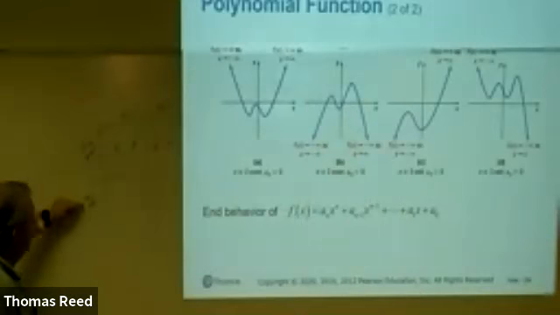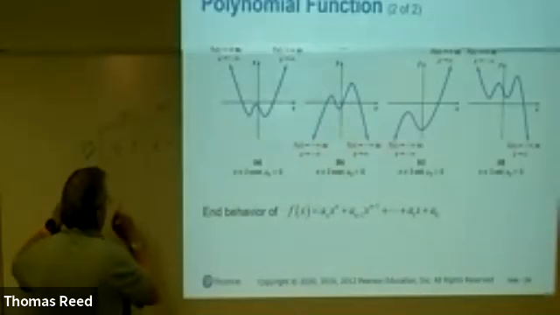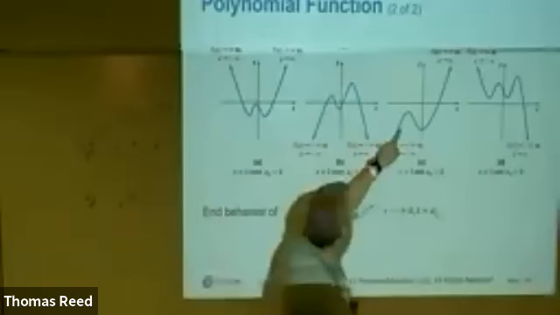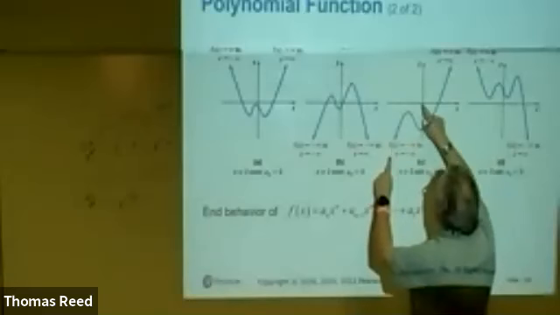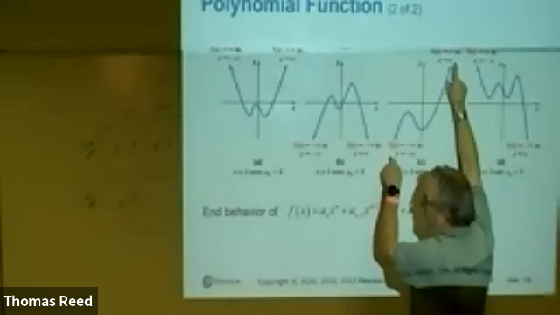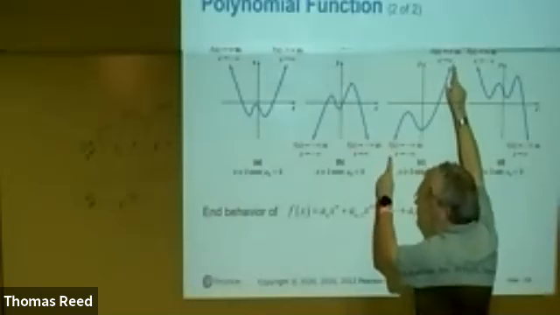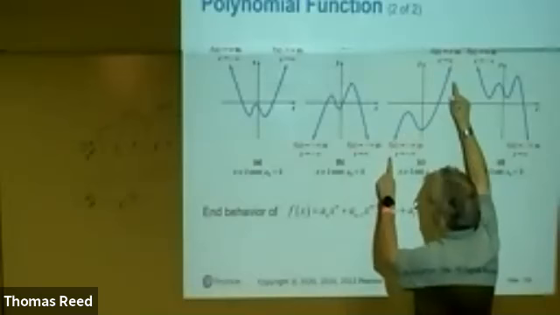When you're dealing with an odd degree polynomial, if a is positive, then you're going down to the left and up to the right. We're coming out of the negative and going into the positive. That's another way of looking at this. What are you coming from? What are you going to? I'm coming out of the negative and going to the positive.